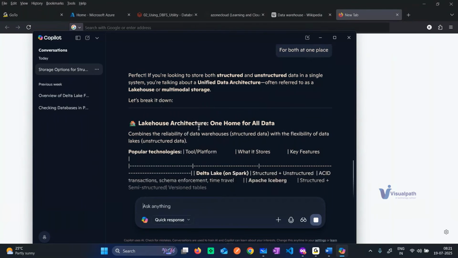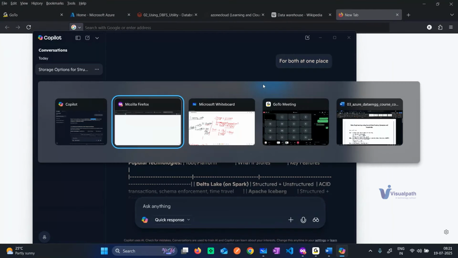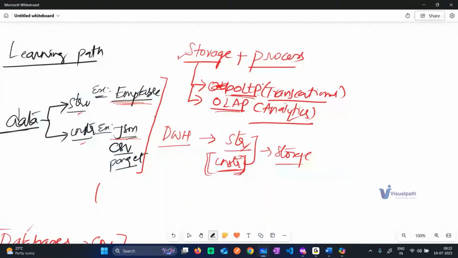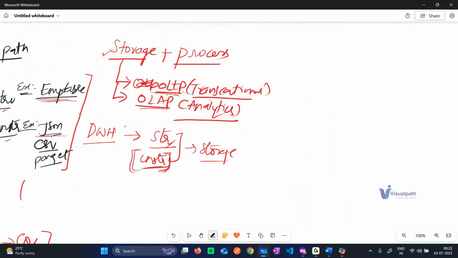Then it is giving me an option to consider a Lakehouse, a unified data solution for addressing this requirement for structured and unstructured data. So what is the suggestion given by the AI? The suggestion given by AI is to consider a Lakehouse. Now what is a Lakehouse?